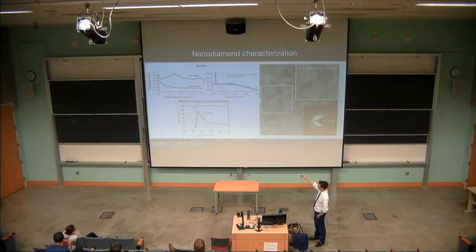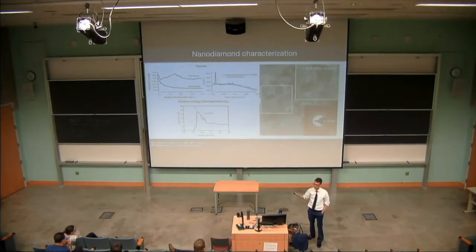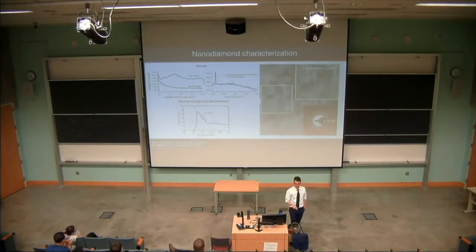The notable feature here is this dip, which is very characteristic exclusively of diamond. Similarly, we see this very small feature, which might indicate some kind of surface graphite, but really this appears to be almost entirely diamond. Also, we can look directly at the material in TEM, do diffraction, and again, we only see diffraction peaks associated with cubic diamond and no graphite. So everything we look at points to the fact that we've made diamond.